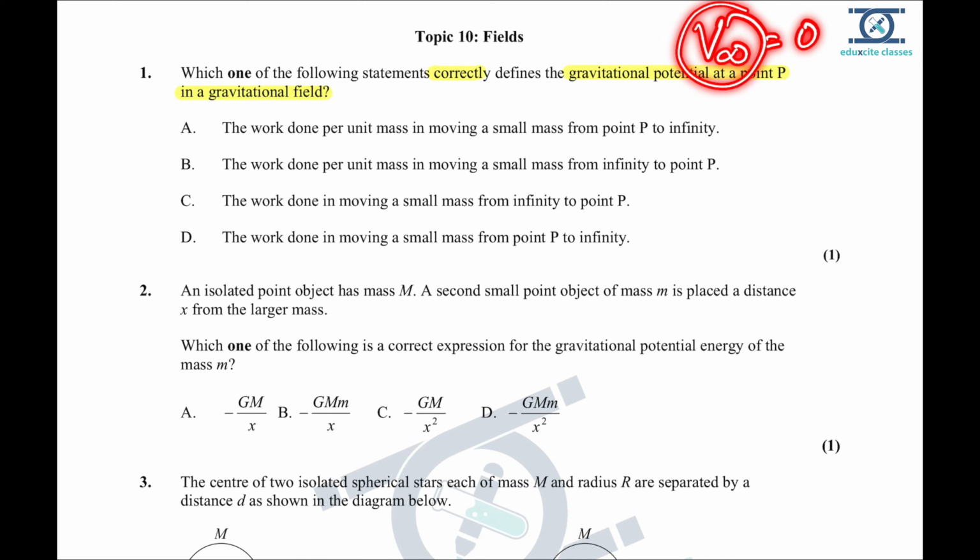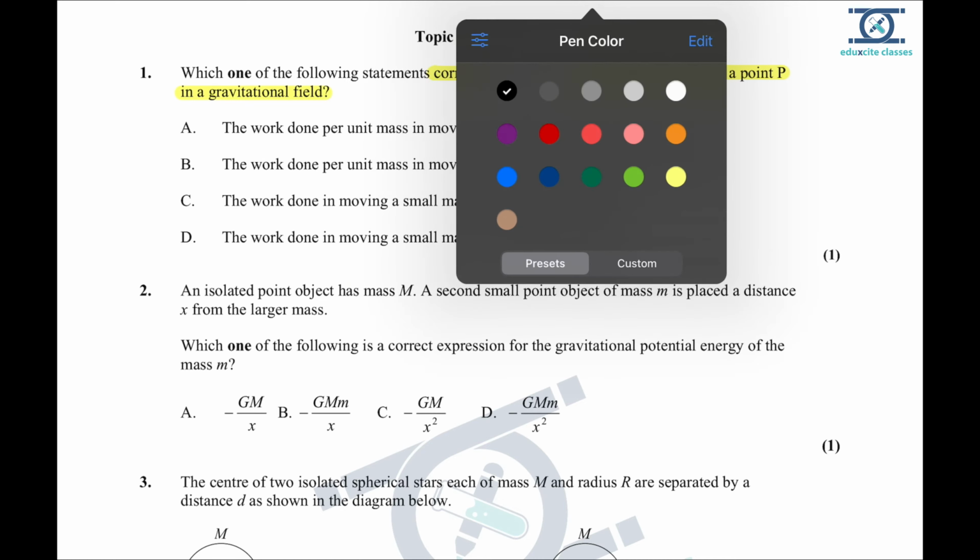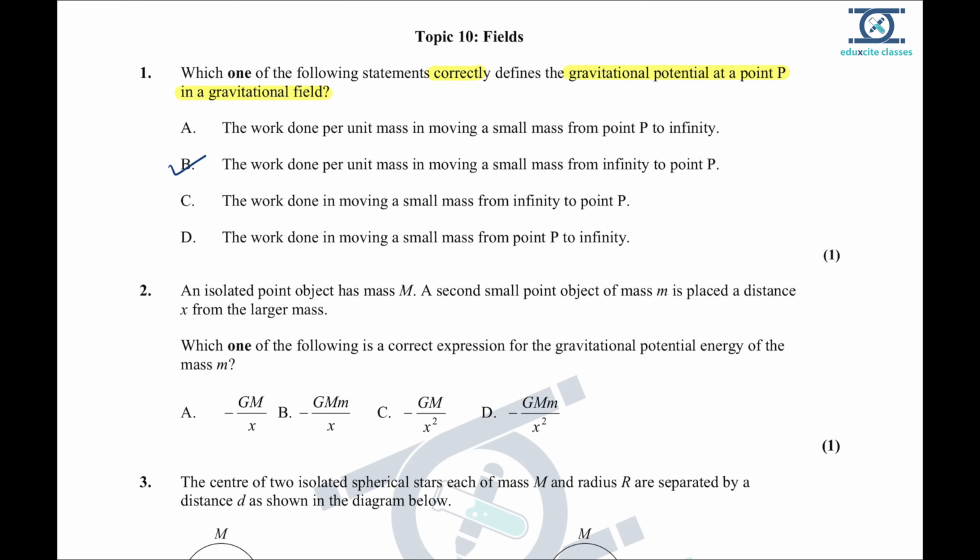So from infinity to point P, the amount of work done required is nothing but the gravitational potential. So the answer is B. The rest are all incorrect.